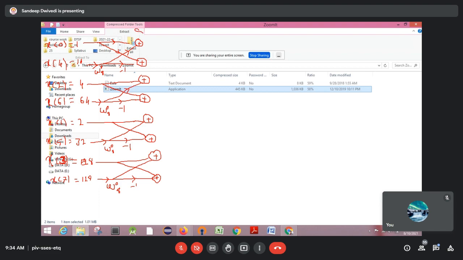You can mark this as S10, S11, S12, S13, S14, S15, S16, up to S17.